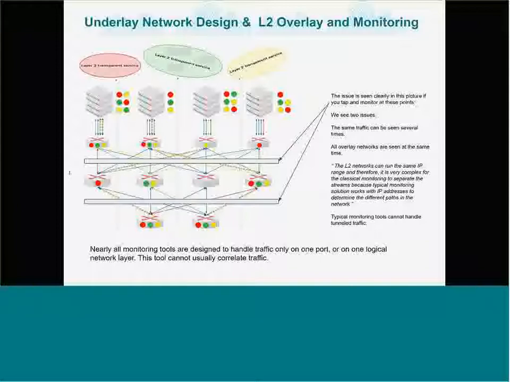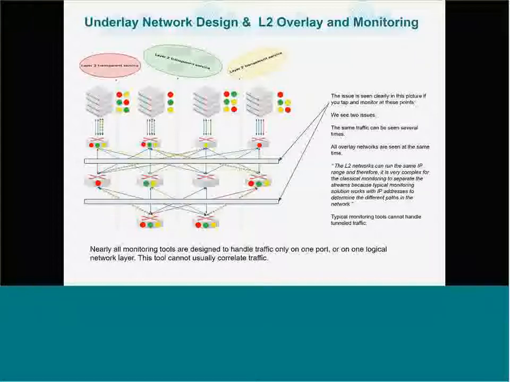They are not fully loaded, of course, but they are installed in 100 gig. You have to tap them all to get full visibility. Sometimes it's also needed to tap here, or you can sometimes use span ports here to avoid tapping the last mile. But if you want the full end-to-end view, then you have to do this as well.